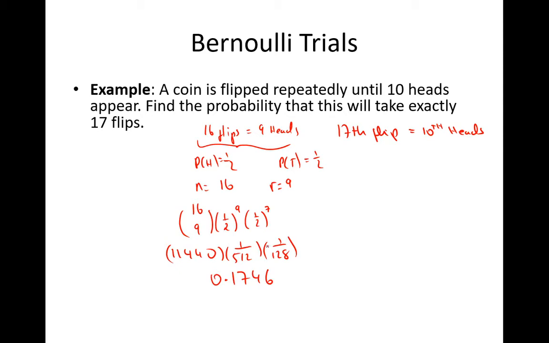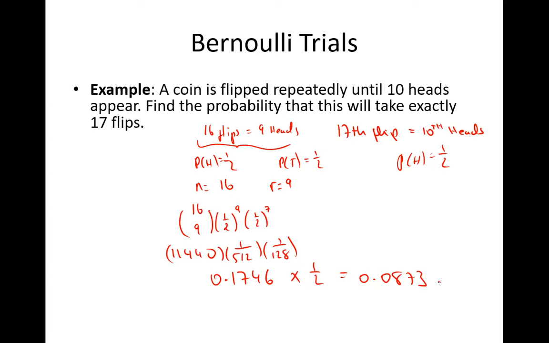Okay, now that's the probability of getting 9 heads in 16 flips, but I want to have a 10th head on the 17th flip. So that and the probability of getting a 10th head on the 17th flip, which is obviously a half, because that's definite. Probability here of a heads is most definitely a half. So you bring that down and you multiply it, and when we multiply that by 0.5, we get a probability of 0.0873.